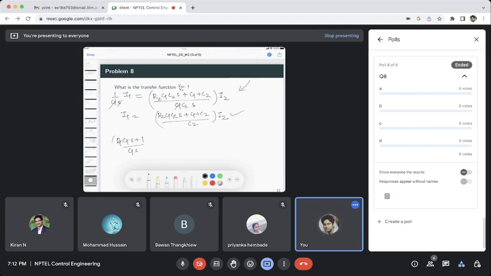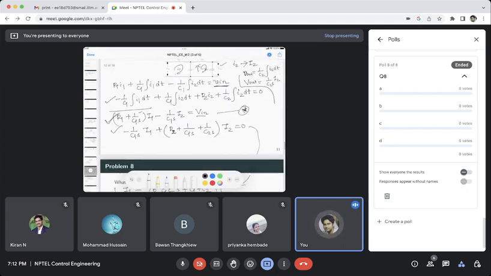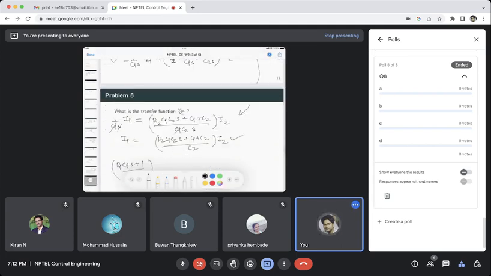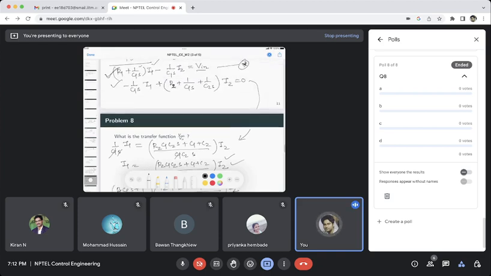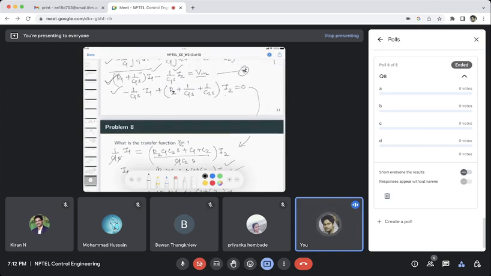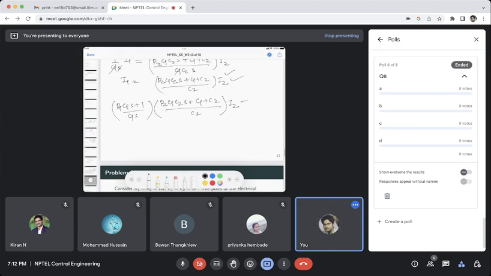Instead of I1 here I can put this expression, R2 C1 C2 s plus C1 plus C2 by C2 I2, and here also minus 1 by C1 s I2 equals V in.